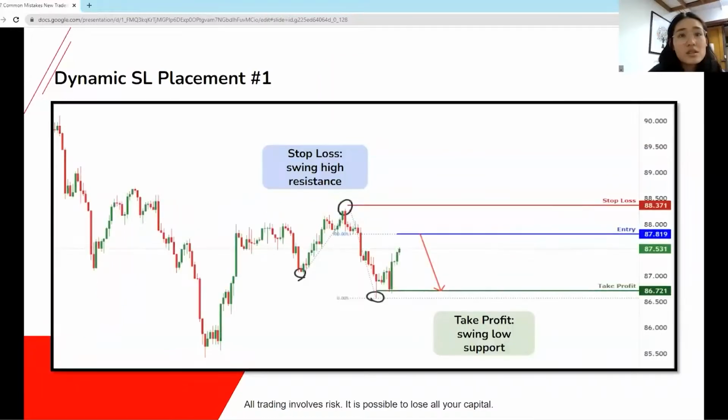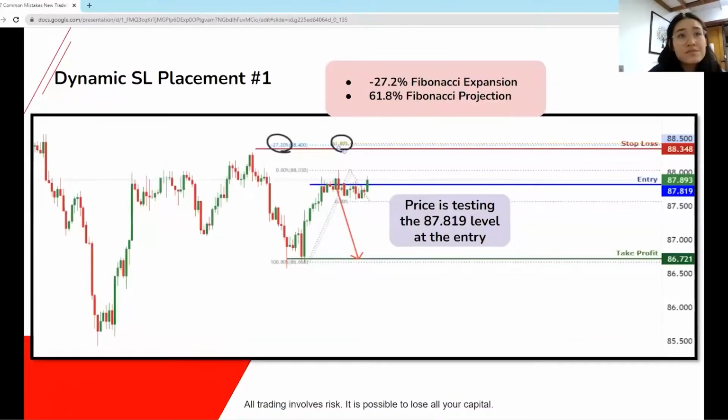Here you can see we have this confluence area with the negative 27.2% Fibonacci expansion and 61.8% Fibonacci projection. They all line up nicely with our stop loss, and we're expecting price to drop from our entry towards our take profit.